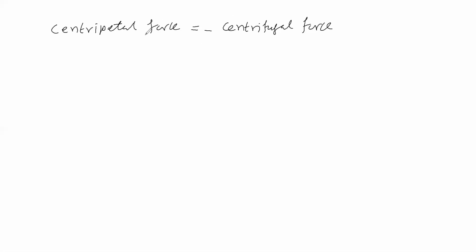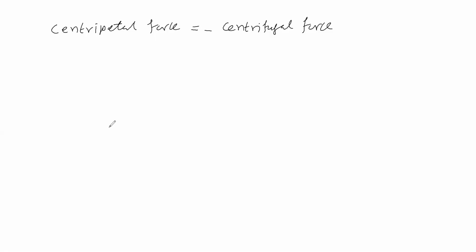One is called centripetal force, another one is called centrifugal force. Both have equal magnitude but opposite sign. That's why it is not falling into the nucleus. Why? Because centripetal force is equal to minus of centrifugal force. Otherwise, the electron will fall into the nucleus.